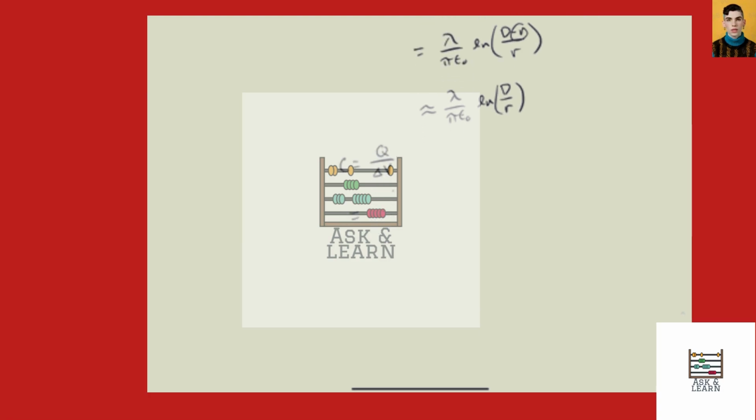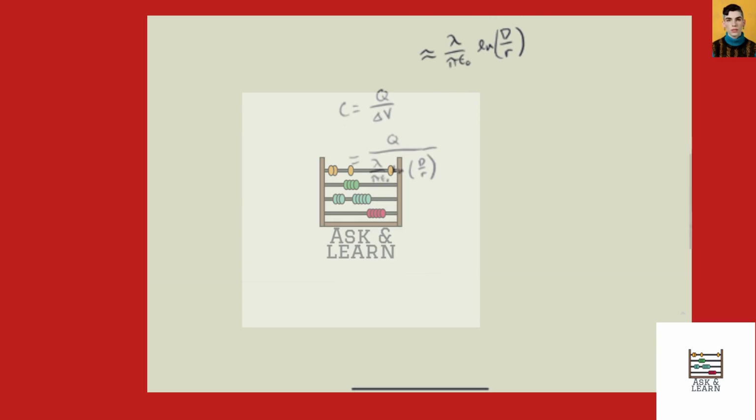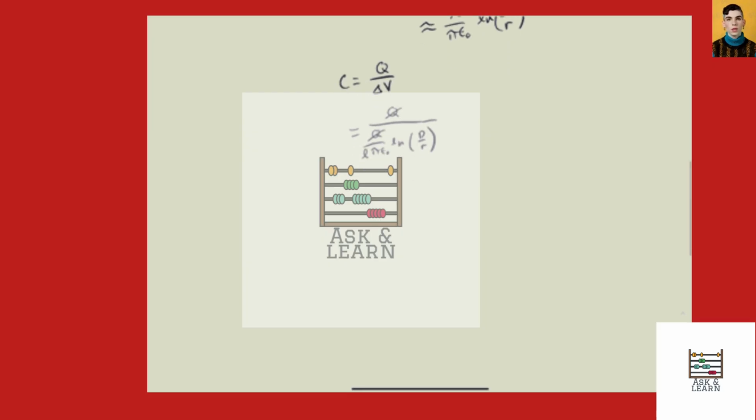So we can take Q divided by lambda over pi epsilon naught ln d over r. Now, lambda is just the charge per unit length. So this is going to be Q over L, and then the Q's will cancel out. All right, this is a lowercase l.